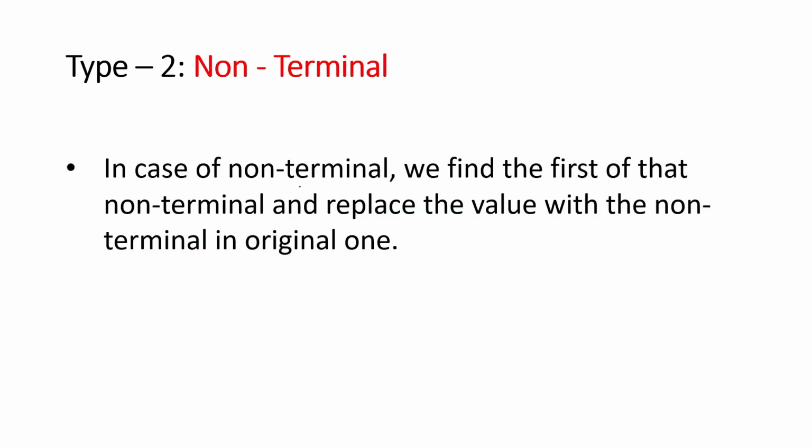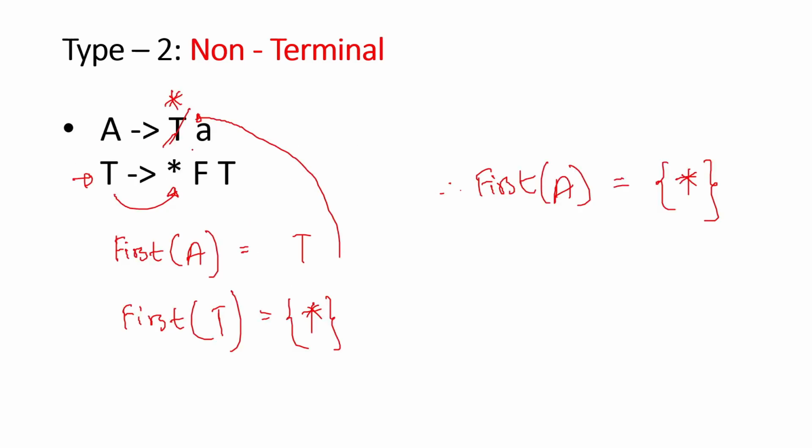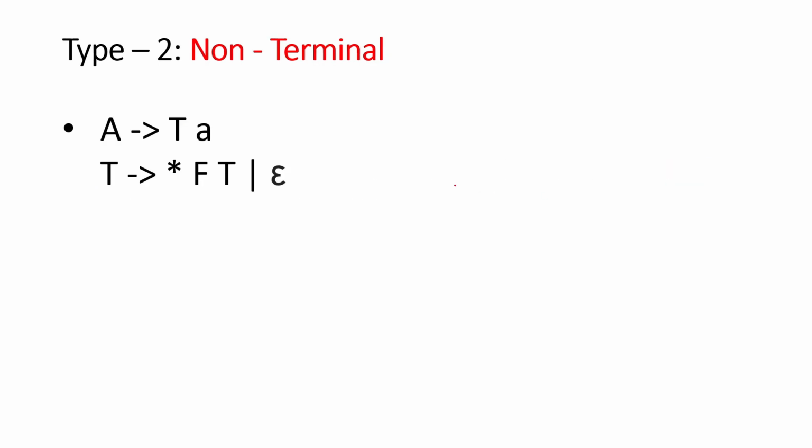In case of a non-terminal, we find the first of that non-terminal and replace the value of the non-terminal in the original one. Here the first of A was T, which is a non-terminal, so we had to find the first of that non-terminal. We find it, and then replace it back in the original one. Then we find our desired first. Let's see another example.